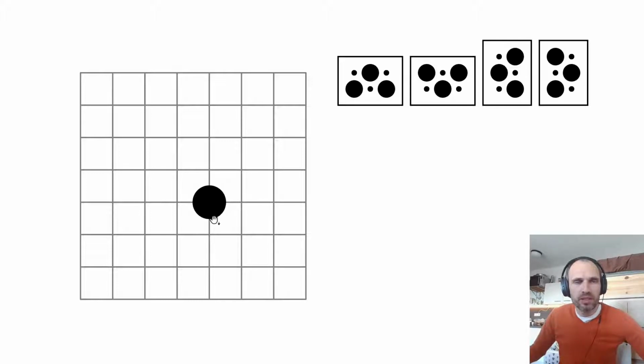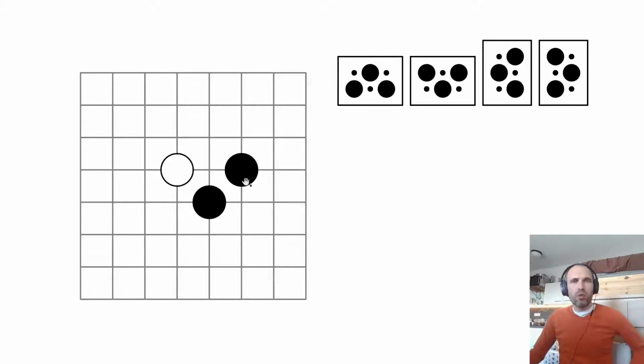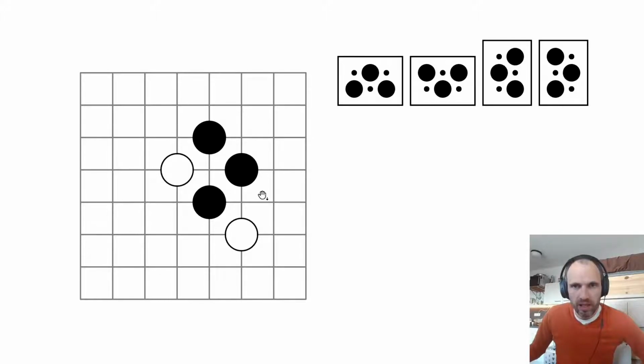Let's say black starts, and then it doesn't really matter where white plays. Black can play here, and now white has lost, because next time black can play here, or there, or there, and in each case black would win the game and white cannot block all of those. So let's say white tries to block this one, and then black wins there.